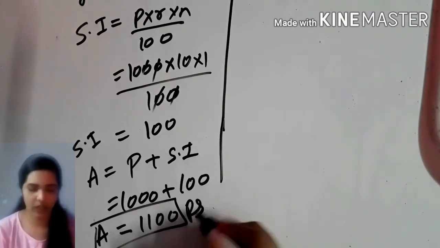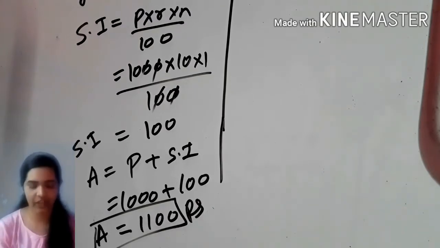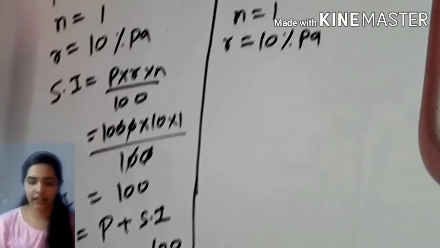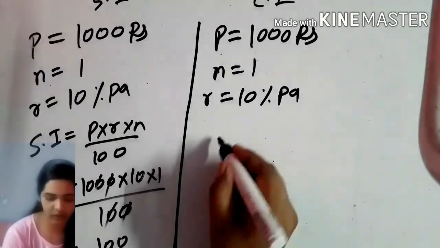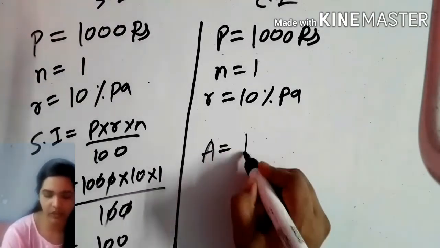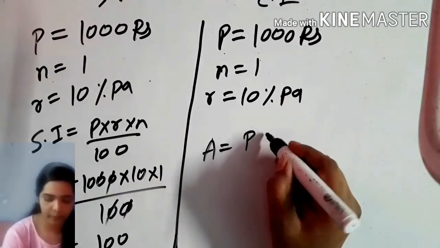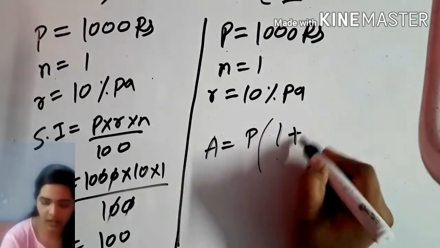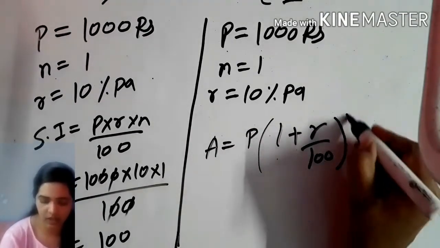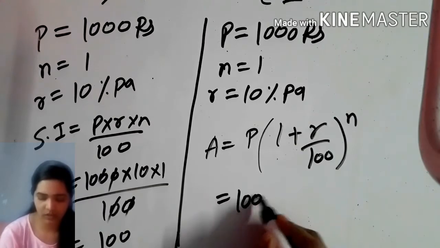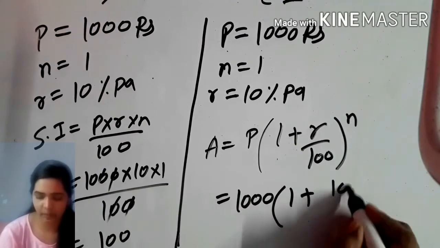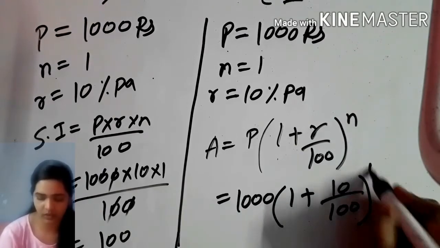Now, using simple interest we are getting this amount, and let's check the amount we are going to receive in CI. P into 1 plus R upon 100 raised to N. Principal is 1000, 1 plus R is 10 upon 100 raised to 1.